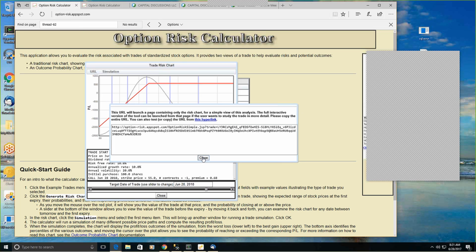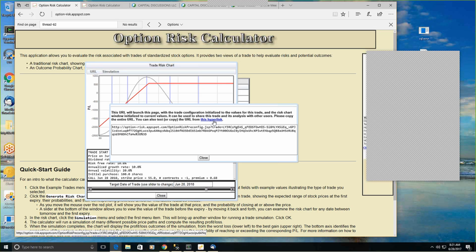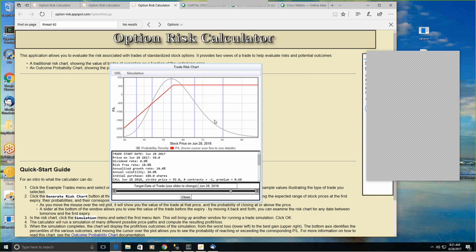And you have another URL you can generate, the interactive URL. You send that to someone, and it's going to throw you into the same place that you're in. That is, it's going to set up the trade, and it's going to bring up the trade risk chart, and they can play with it the same way that you can.